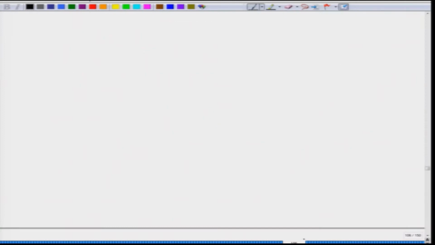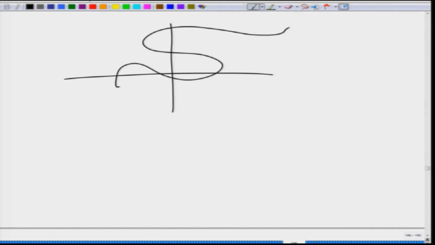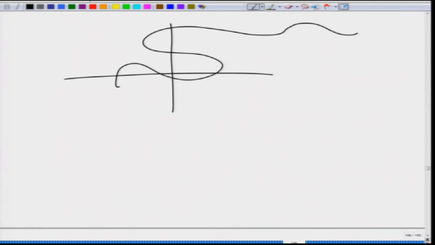Sometimes it happens that you consider a particle moving like this, in this fashion. Obviously, this we will not be able to represent as y equal to f x, because this is going to break the rule of straight line.